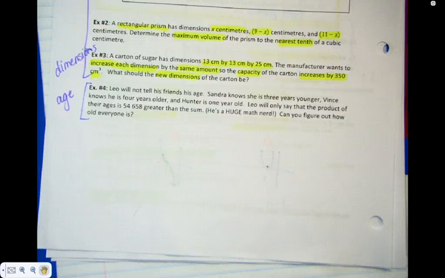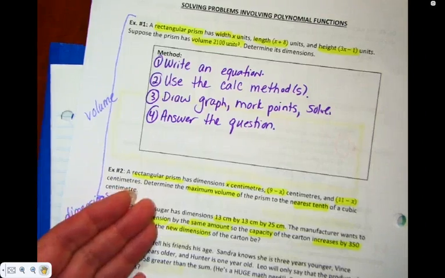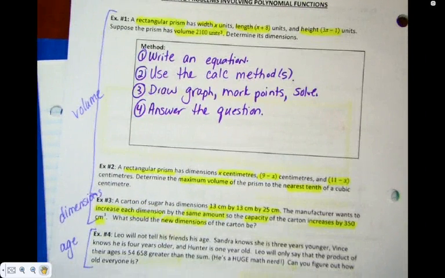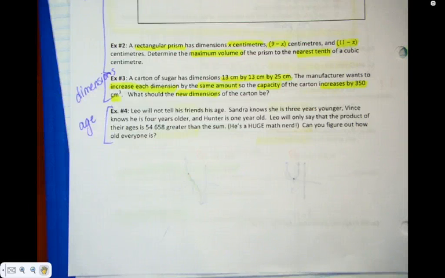When are you going to use this? Never. The dimension stuff, yeah, engineers use this stuff all the time, and when people want to optimize their packaging, for example, they want to keep their costs low. So 1, 2, and 3 have practical use. When is this going to happen? Never. But the government says we must do age problems, so we will do age problems.